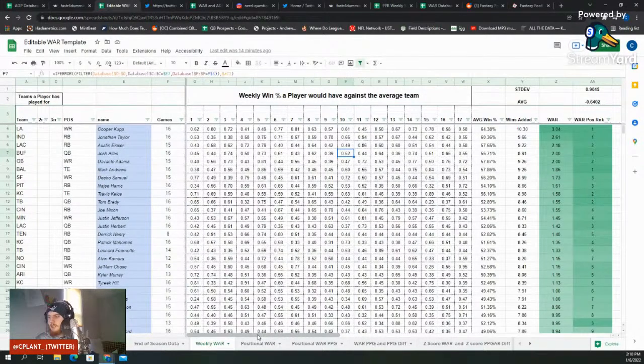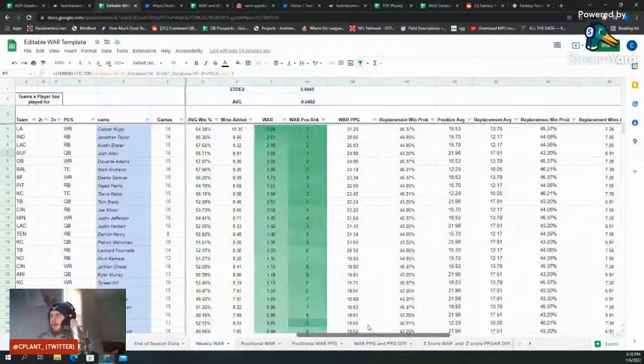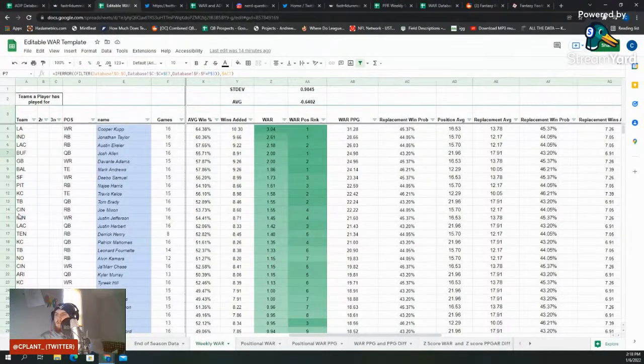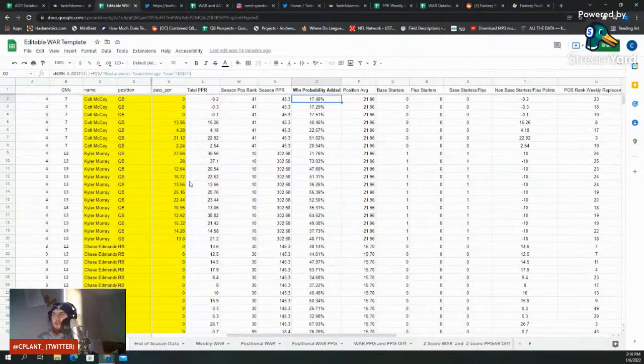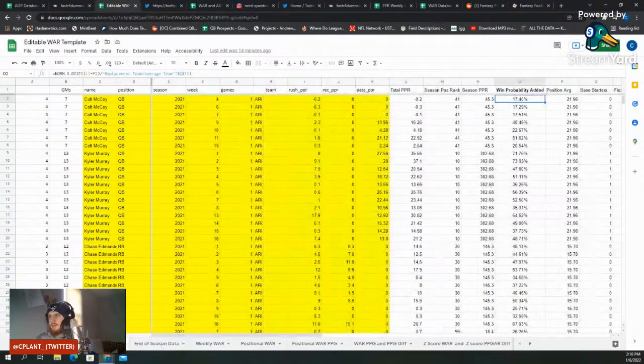But yeah. So once I figured that out, this is an editable sheet. So you can go in and change what year you want to look at if you have the weekly data, right? So if you just delete all of this and then put in, let's say 2020's data, you can get an updated WAR for 2020, right?